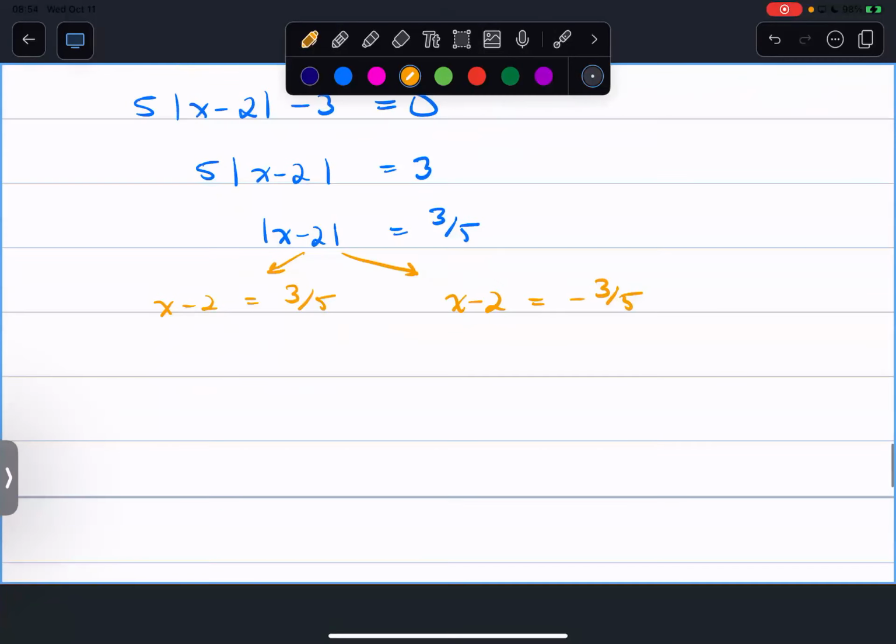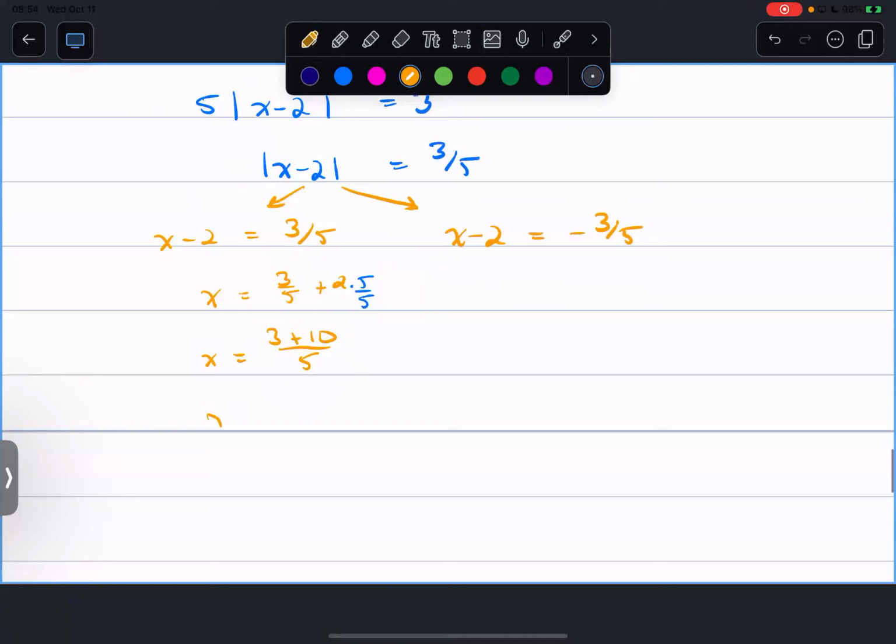Adding 2 to both sides, I get x is equal to 3 over 5 plus 2. Putting it over 5, multiplying by 5 over 5 to get that common denominator, I get x is 3 plus 10 over 5, 13 over 5.